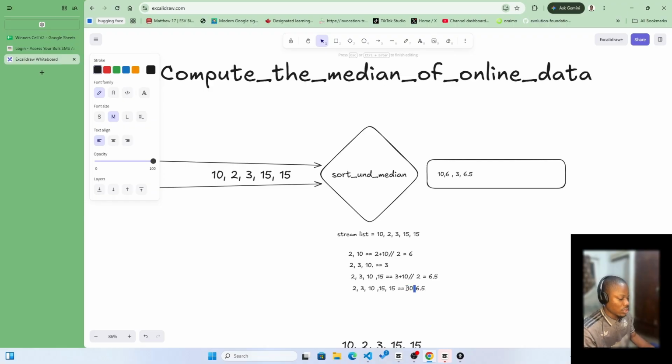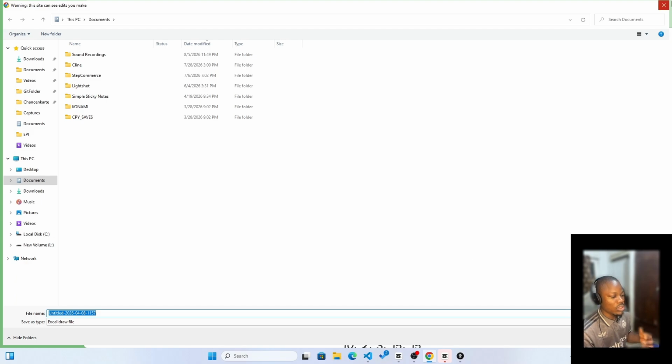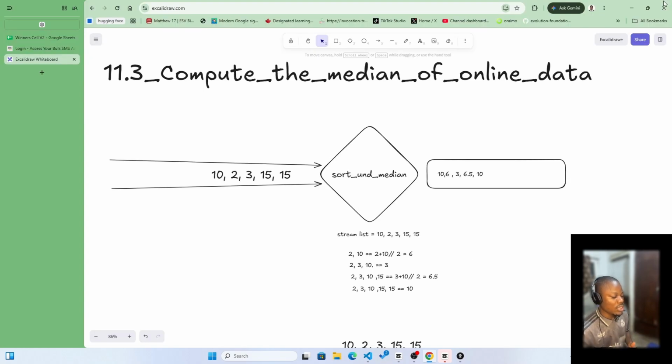You can just add 10 here, and we have our median list fully printed out in this manner. So the system is just passing values through our already defined function and giving us a result.